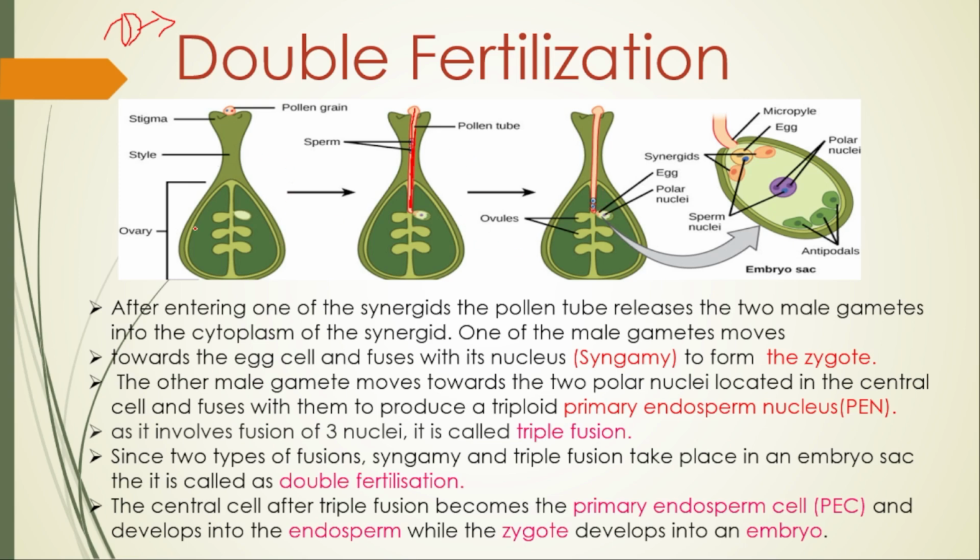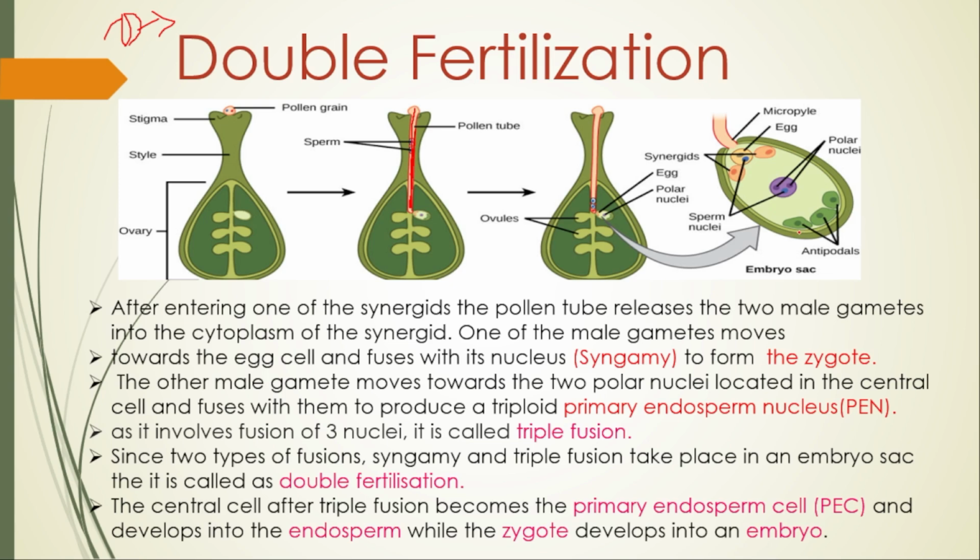So here this is the ovary, where the female gametophyte is present. This is the female gametophyte. Now see here, one pollen grain is maturing and then moving towards the embryo sac. This is the embryo sac, the entire thing. We learnt about the embryo sac also.